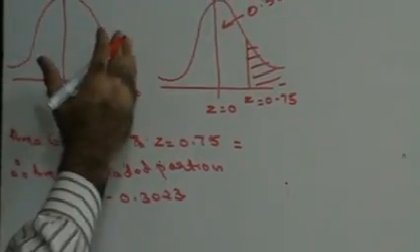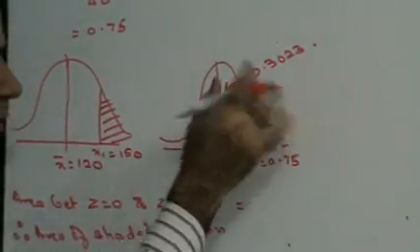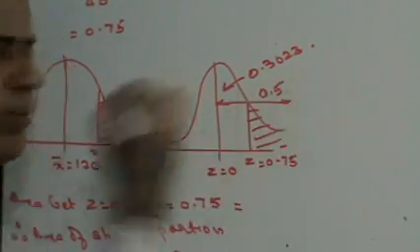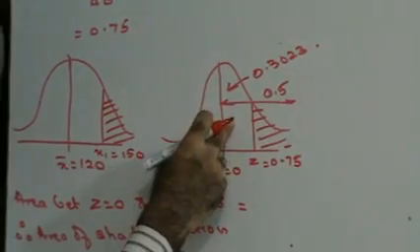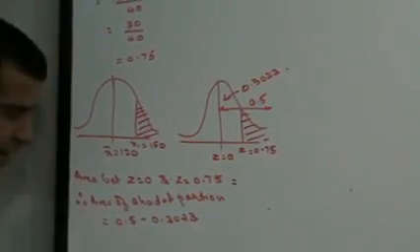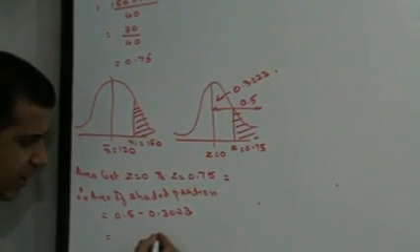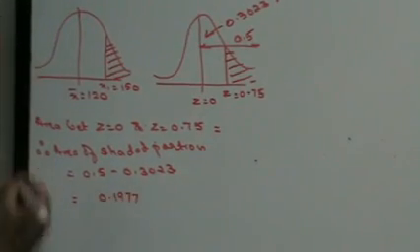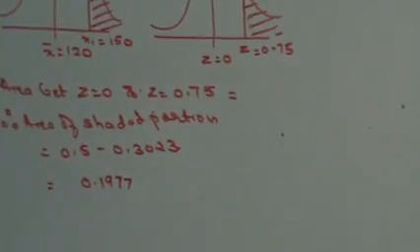This whole half, the area from here to here, is 0.5, and the area of the unshaded portion is 0.3023. Hence, the area of the shaded portion is 0.1977. Right, do we get this thing clear?